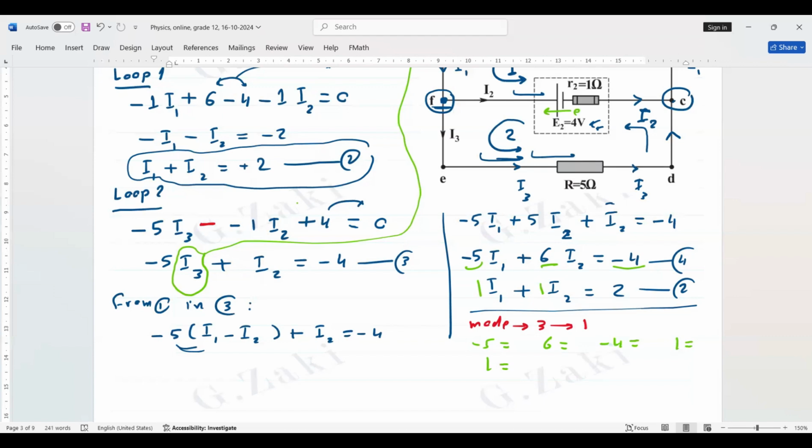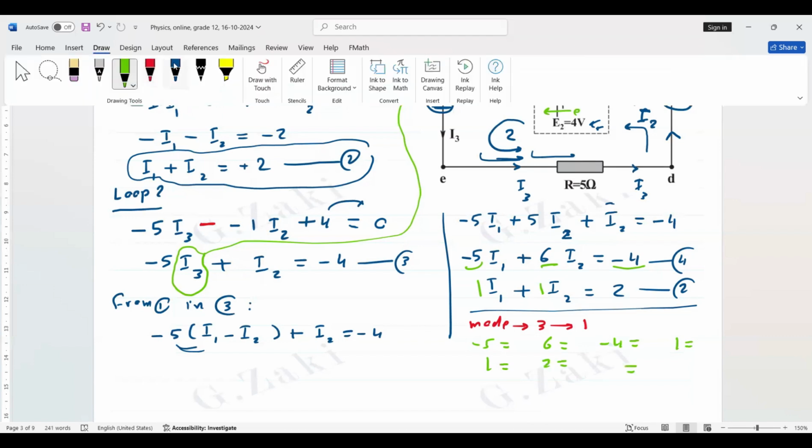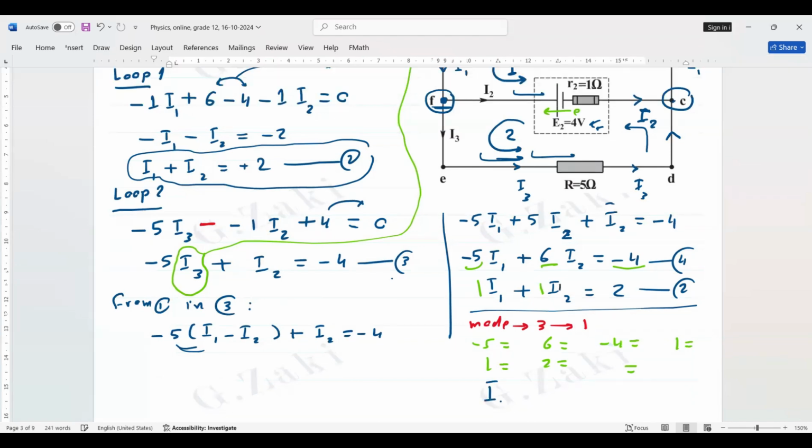Then press equals again. You will get x equals 16 over 11. X is the first variable, which is I1. Then I1 equals 16 over 11. You can write this as a decimal to two decimal places, approximately 1.45 amperes. Press equals again.